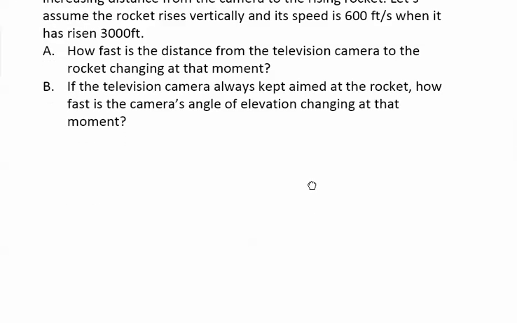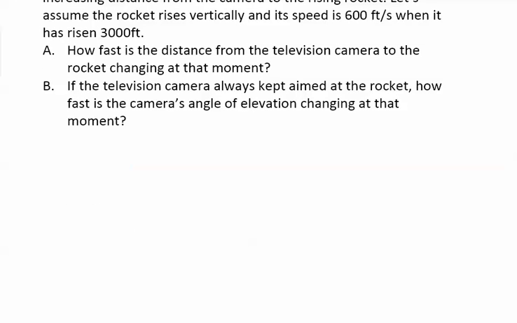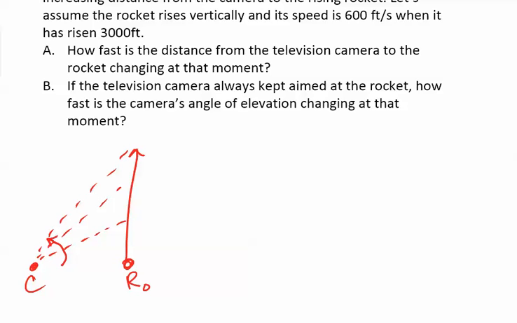If we assume that the rocket is rising vertically, here's the rocket going up this direction, and our camera is over here. So the rocket is moving up and our camera is going to follow the rocket. So as the rocket rises, so does the camera. So our angle theta is going to be changing here.